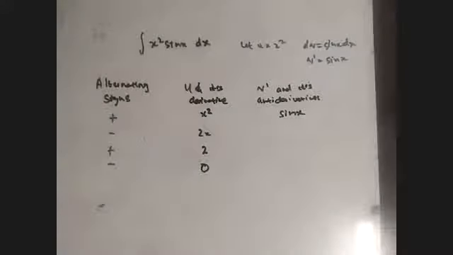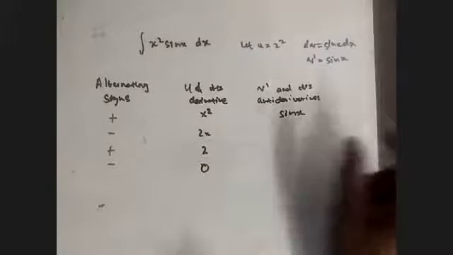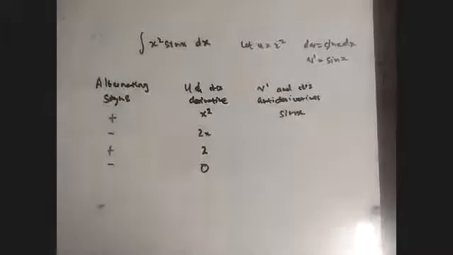Then we come this side, we have sine x, the integral of sine x. Let us just continue. As you know, we have to know what the integral of sine x is, meaning the value that, when I take its derivative, will always give me sine x.